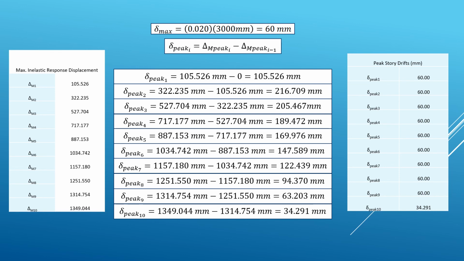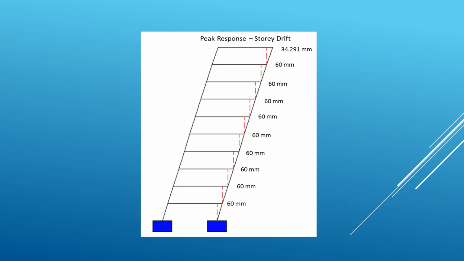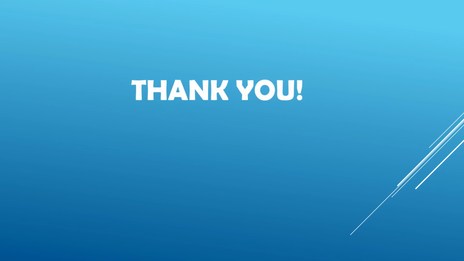Since ang drift peak 10 is less than 60 mm, so ito yung gagamitin natin na peak story drift. Para makita, this is the response spectrum analysis of a 10-story building. And that's the end of my presentation, and thank you.